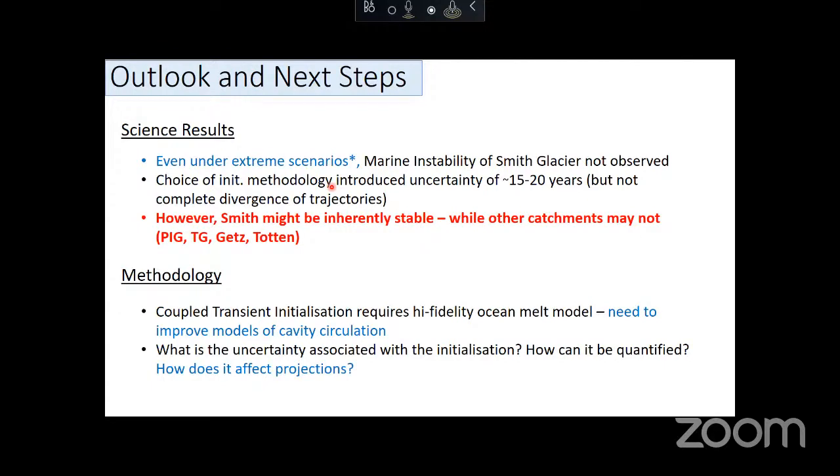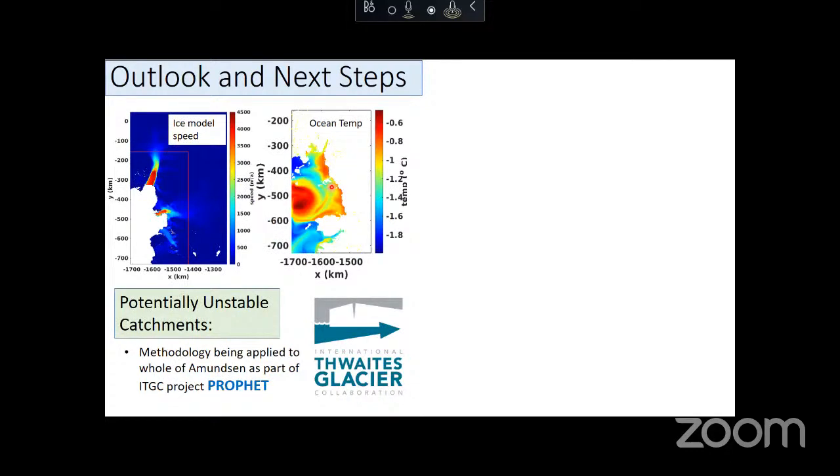I'm almost done, but I want to say a bit about what I'm doing now. As Hannah mentioned, I'm part of the International Thwaites Glacier Collaboration, Project Profit. The aim is to look at projections over the next 100 years or so of the entire Amundsen sector, but really Pine Island, Thwaites, and Smith.